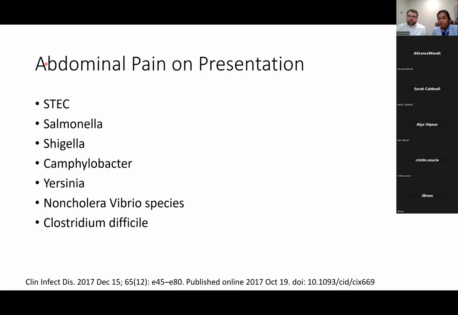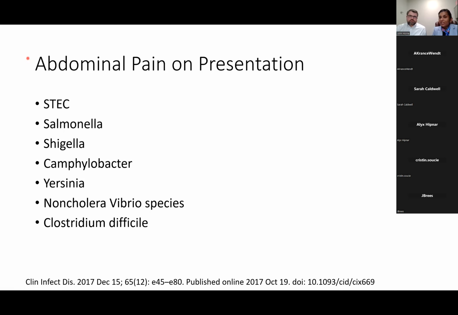And Vibrio, this happens a lot and it's non-cholera, it's just Vibrio. And this happens a lot in coastal regions, right? Seafood. If patients are in a saltwater area, they are exposed to Vibrio, especially patients who are diabetic or have liver disease. If you especially have cirrhosis and liver disease, they're really high risk for Vibrio infection if they go into seawater.